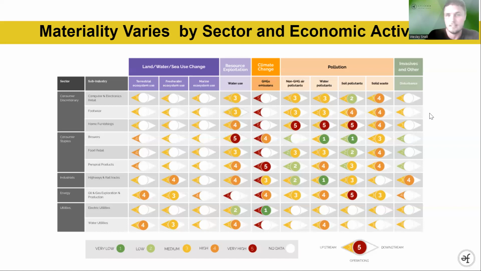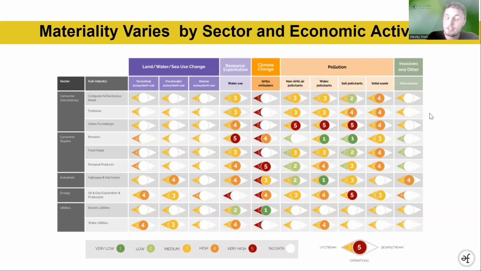So computer and electronics have different material impacts on water use or terrestrial ecosystem use or solid waste and pollutants than does food retail or highway transportation or oil and gas exploration.